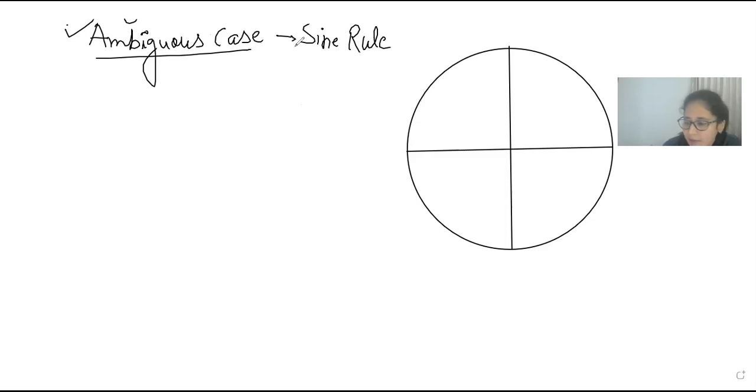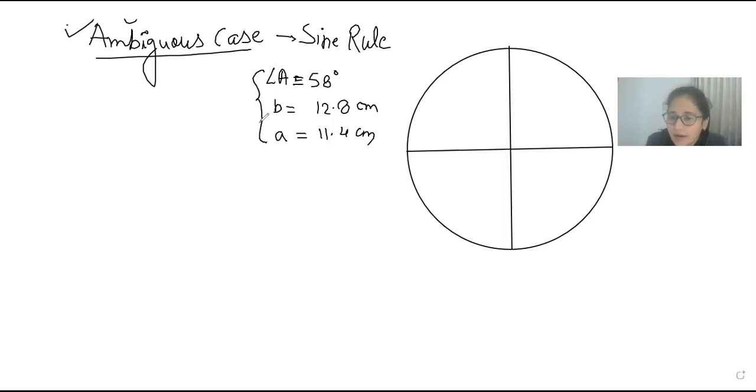Let's see with an example. Say you have some information about a triangle: angle A is given as 58 degrees, side B, that means the side in front of angle B, is given as 12.8, and side A is given as 11.4, let's take centimeters. So if from this information you can draw two triangles, that means the case is an ambiguous case in the sine rule.